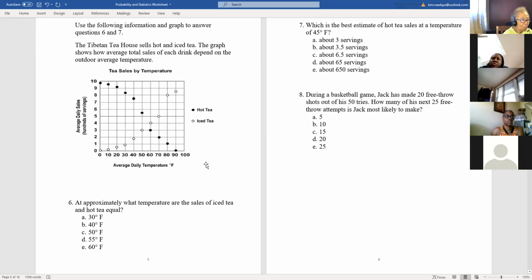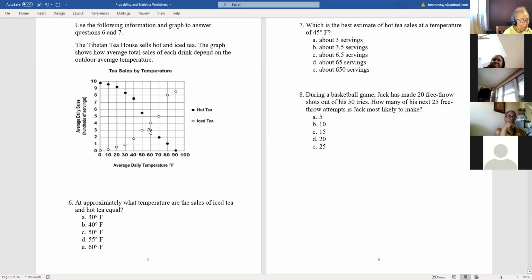Michelle, what temperature do you see now? Remember, the white circle is the ice, and the black is the hot. So where do you see the sales as being equal? I would say at 3. Yeah, right here at 3.